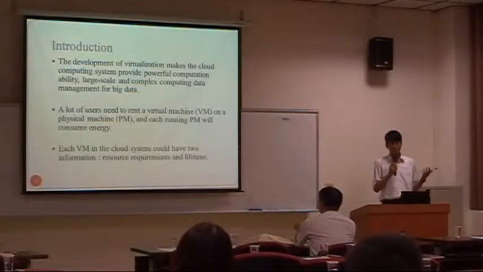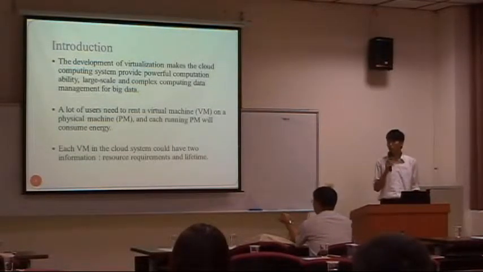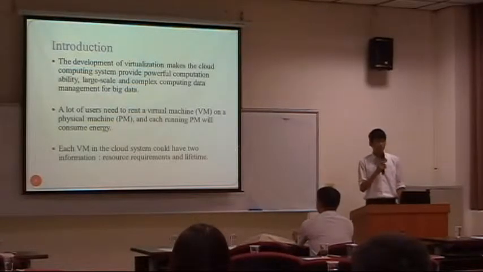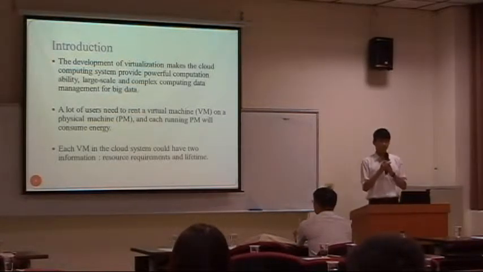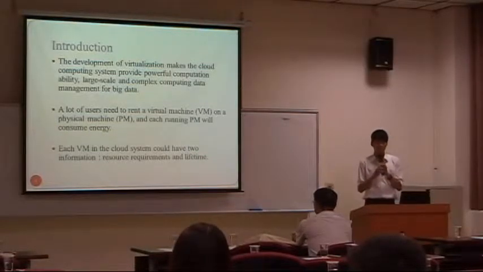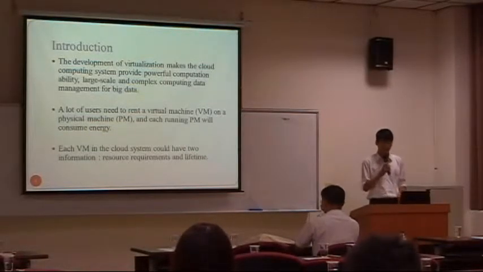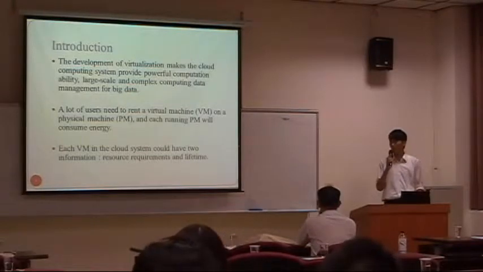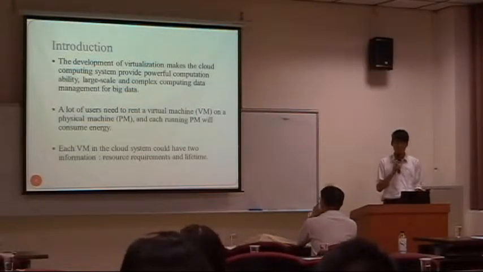So this physical machine may be turned on and consume energy. Each virtual machine in this cloud system has two pieces of information: resource requirements and lifetime. Its lifetime is equal to its execution time.